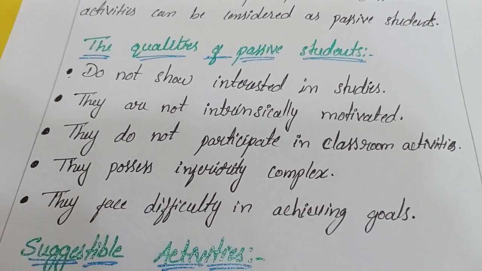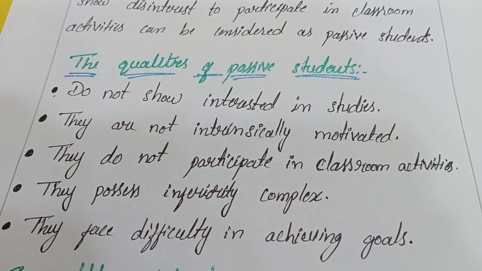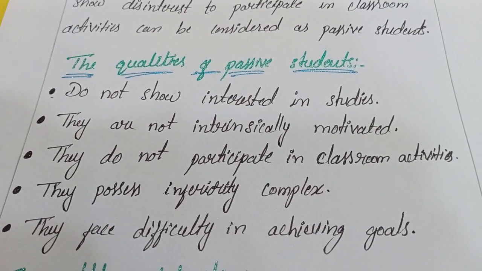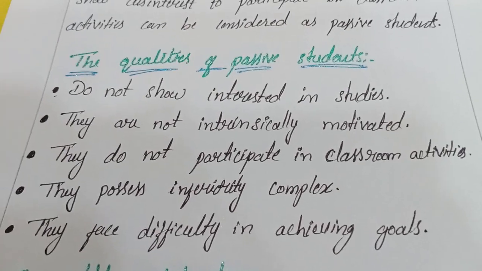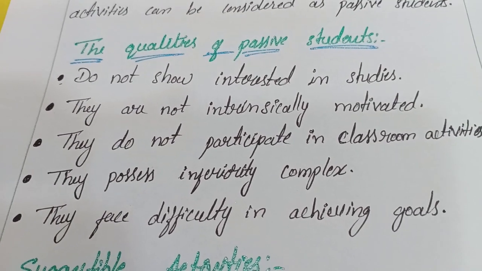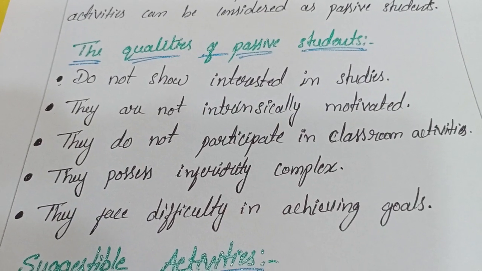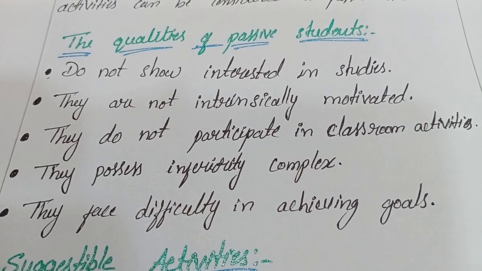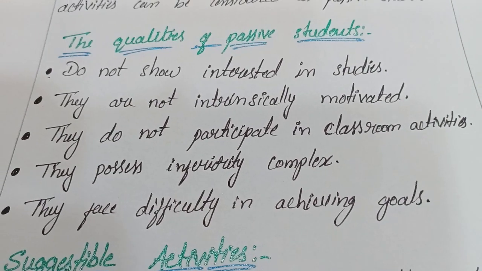Some passive students also have some qualities. They do not show interest in the studies. Why? Because they do not have interest in the studies, and they are not intrinsically motivated. They are not motivated to do things in the classroom.